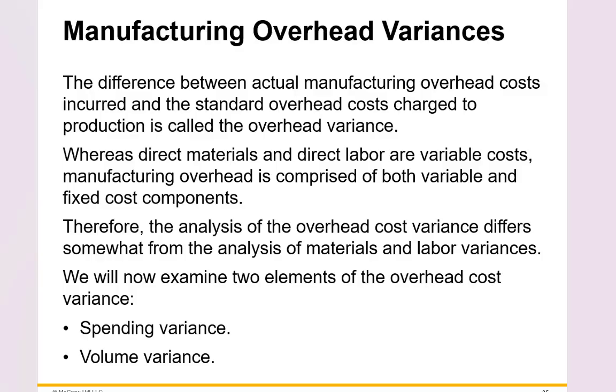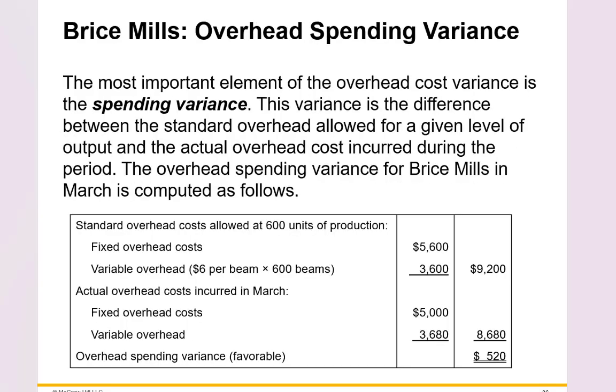The next thing we want to look at is the third component, which is manufacturing overhead. And these have two components, the spending variance and the volume variance. The volume variance occurs because we may have produced more and applied more overhead, or used less overhead or applied less than we expected. The more interesting of the two and the more controllable of the two is the overhead spending variance.